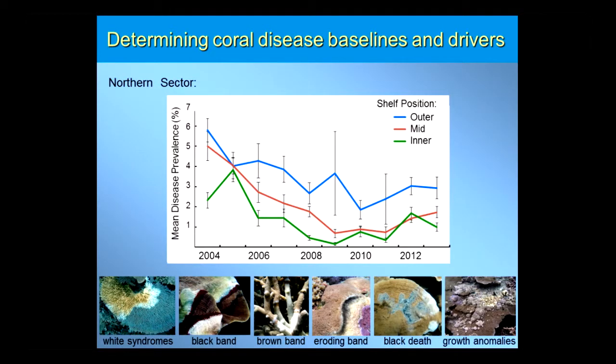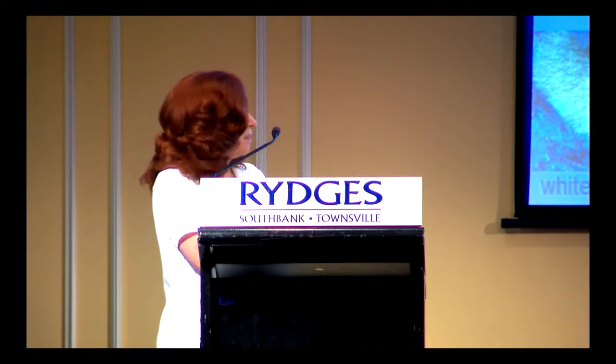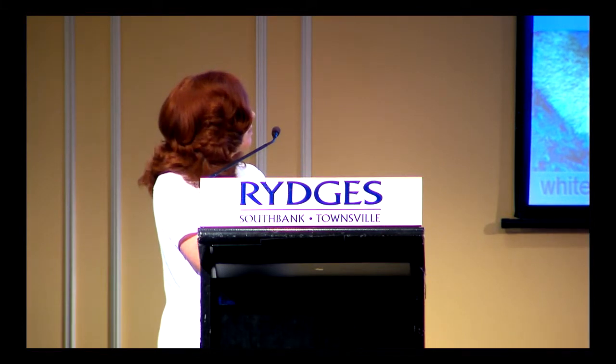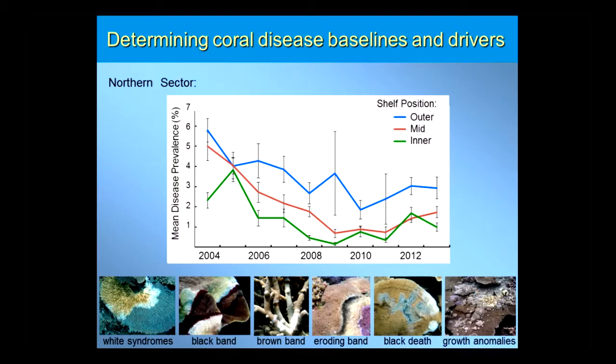Going back to this pattern, there are many temporal and spatial patterns in the data, but one other pattern I'll highlight is that in 2004, these reefs were rezoned from blue, which allows fishing, to green, the marine reserve status, and correspondingly, there was a decline in disease prevalence over the years following that rezoning, particularly here on the mid-shelf reefs shown in this red line.